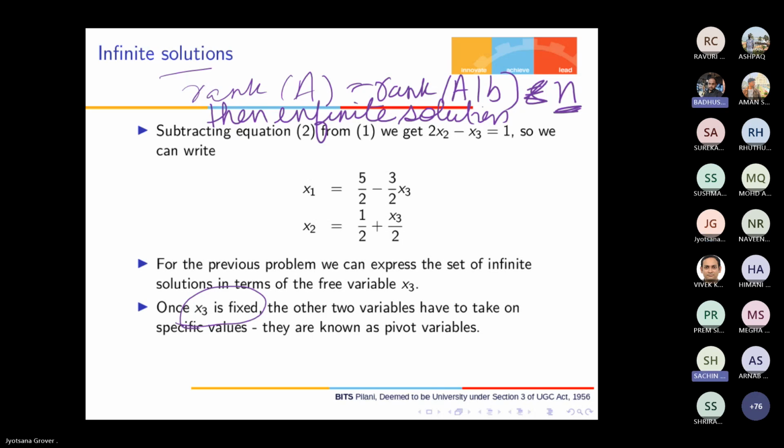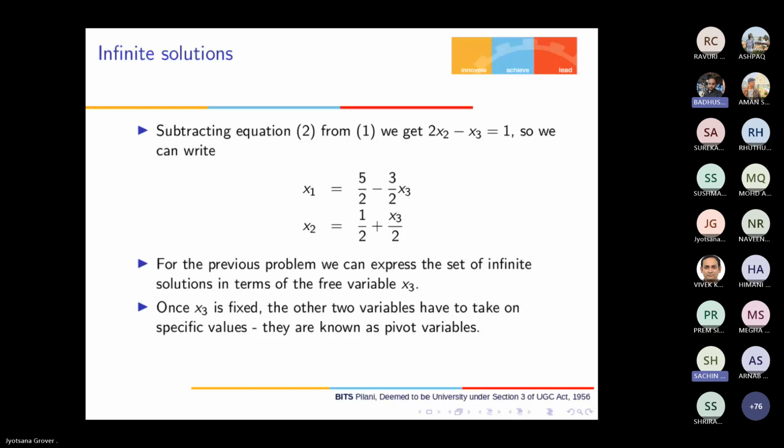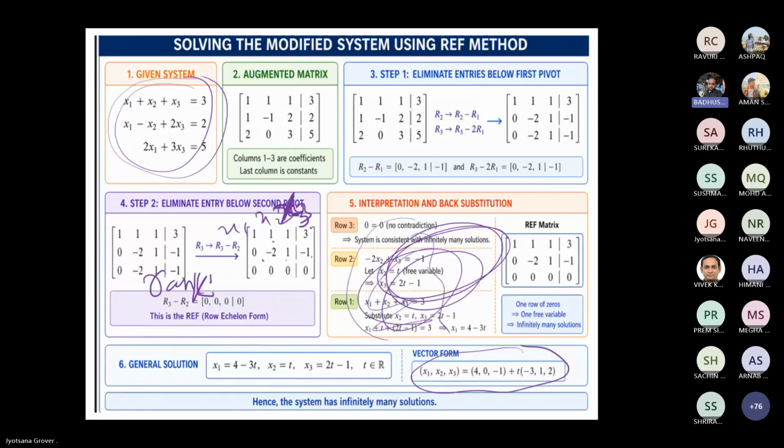And the first row, the leading element, always has to be non-zero, right? Yeah, the first has to be non-zero. Even if you swap the equations, you still have the infinite solution.